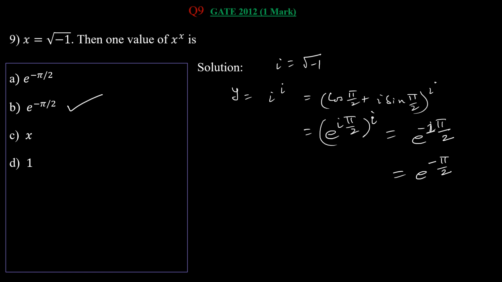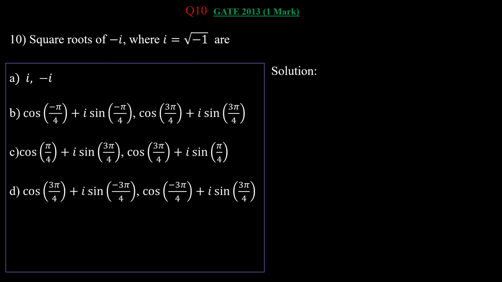Now come to the last question, that easy question that was asked in the GATE examination. Square root of minus i is what we require. It is a very interesting question that we can see here. As you know, minus i can be written as cos minus pi by 2 plus i sin minus pi by 2.